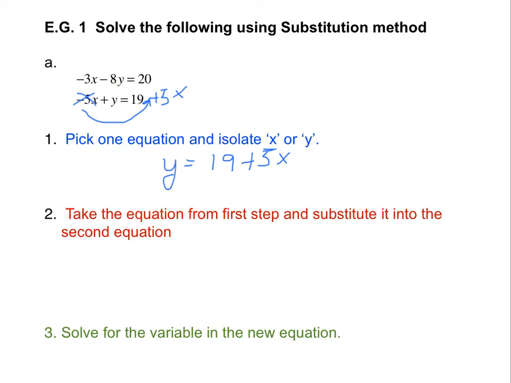That y is going to get replaced with the 19 plus 5x. So we're going to start with the negative 3x minus 8, and that 8 is multiplying to this y here, but now it's going to multiply to all this. So I'm going to open up parentheses because it has to multiply to several things when we actually simplify, equals 20.